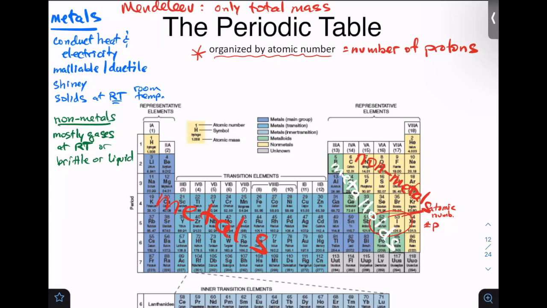But in general, most of the nonmetals are gases. Most of the metals have those properties. And then, of course, we have the metalloids, which really doesn't have much of a definition. It's just in between those two.